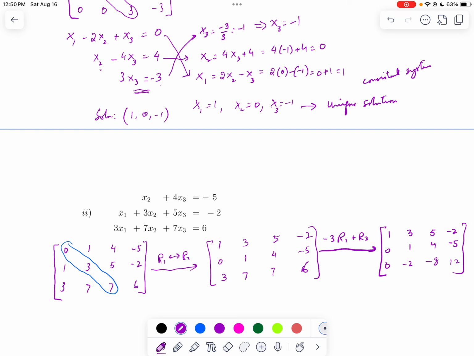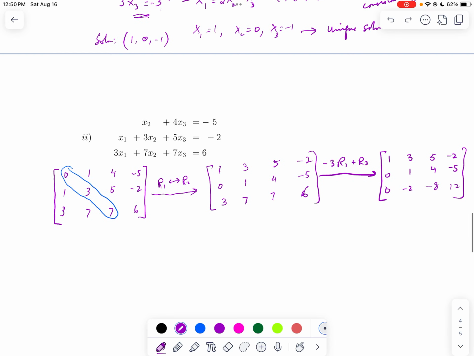So now our job is to make a 0 over here. We can keep it as it is and then add a multiple of the second row to make this quantity 0. Now you may notice the pattern. To make the zeros in the first column, however big the matrix may be, however many entries there are down here, you will use the first row to make these entries 0.